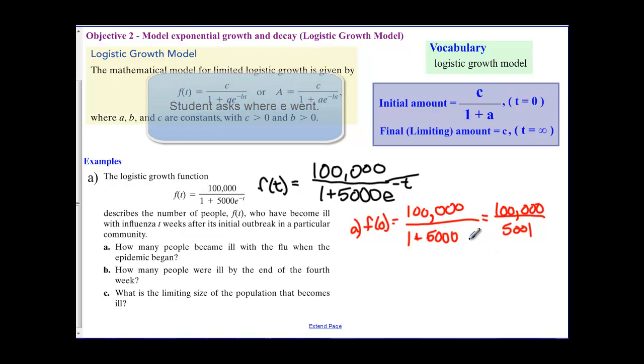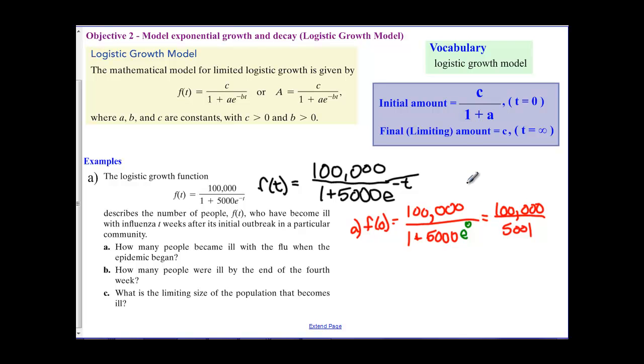So this was e to the 0 power, and e to the 0 power is the same thing as 1. So it's the same as 5,000 times 1. Does that make sense or no?